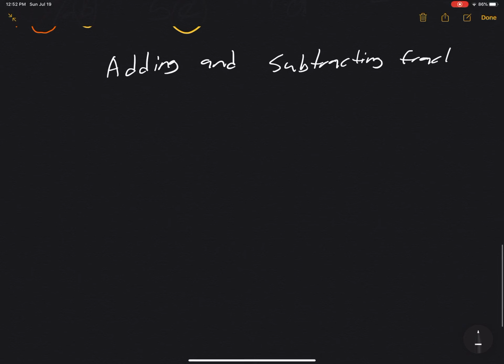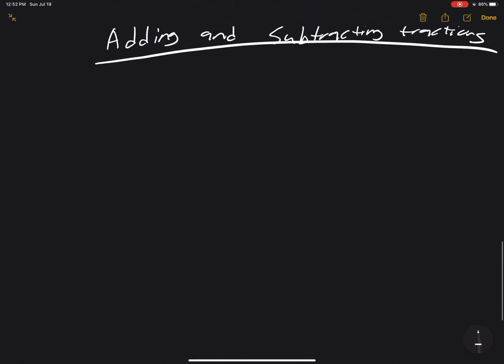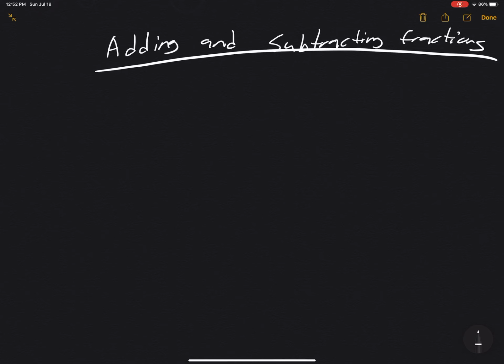Now let's talk about adding and subtracting fractions. When you're adding and subtracting fractions, you have a few steps. Step 1 is to find a common denominator.